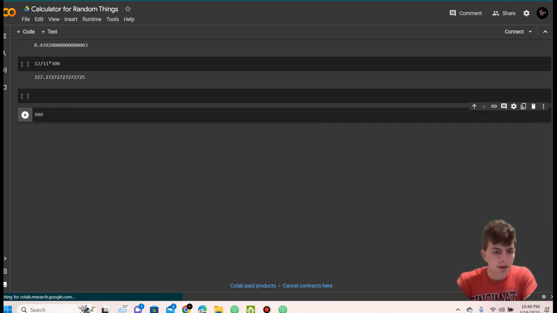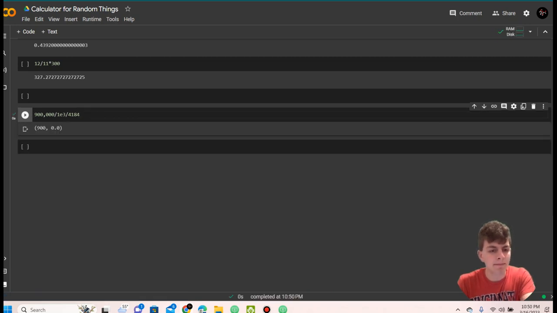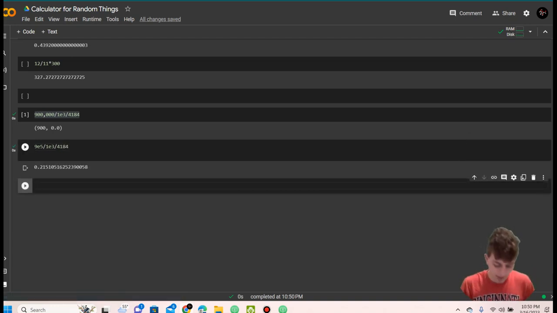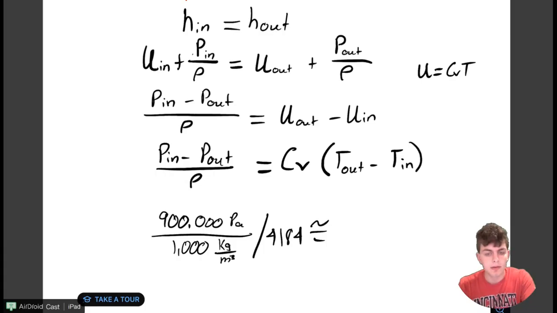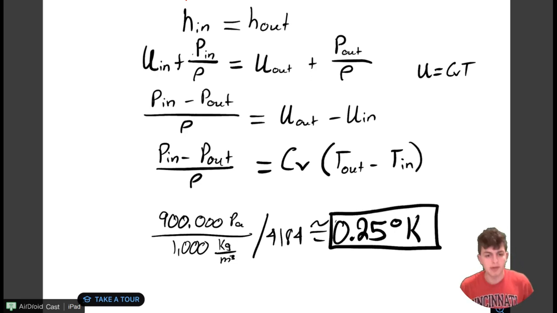Let's see, we had 900,000 divided by 1,000 divided by 4184, and we are given that the pressure will, or the temperature rather, will change by about 0.25 degrees Kelvin, by keeping our units consistent here.